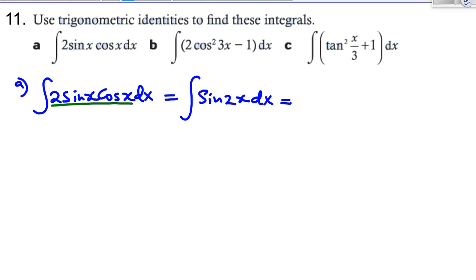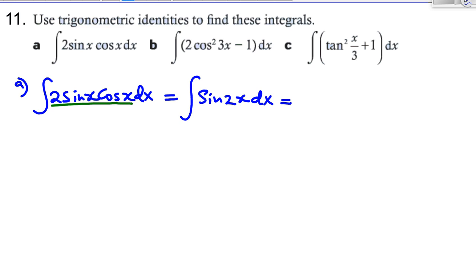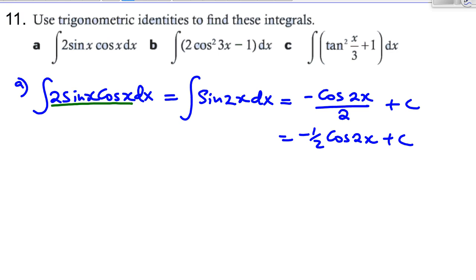And then if you use one of those rules, the second last one, the integral of sine is negative cosine, so negative cosine 2x, and then you divide by 2 plus c. So our answer will be negative a half cos 2x plus c. That's it.